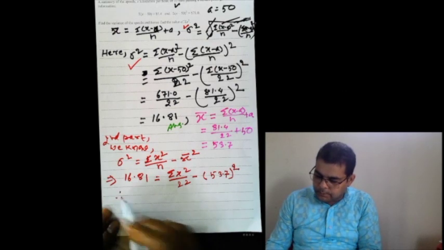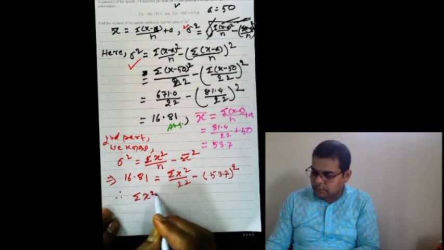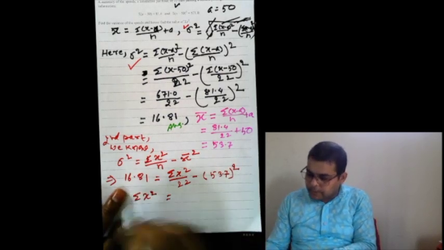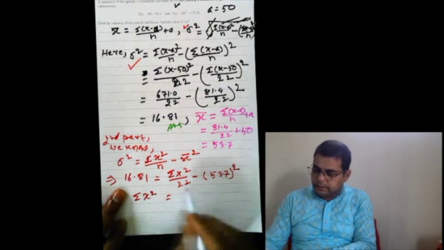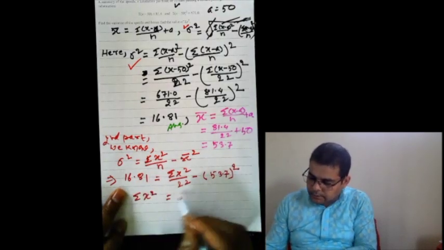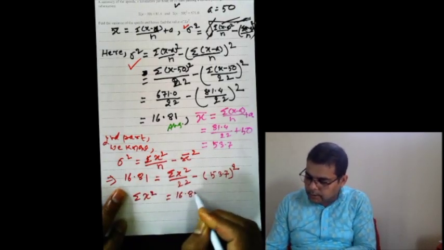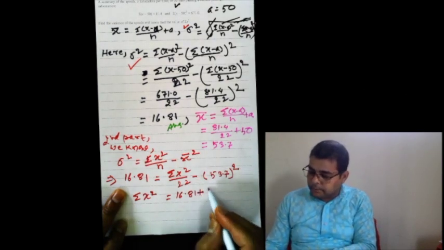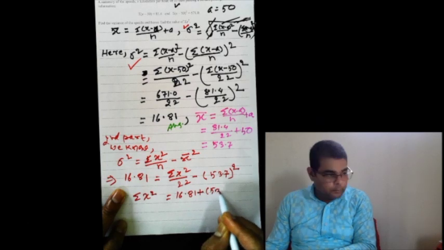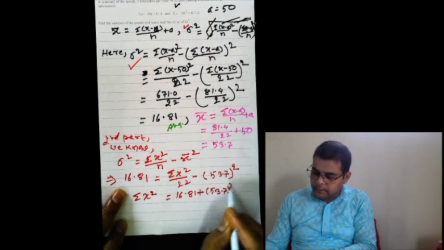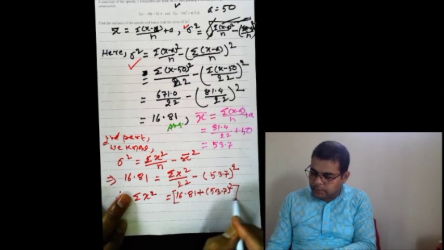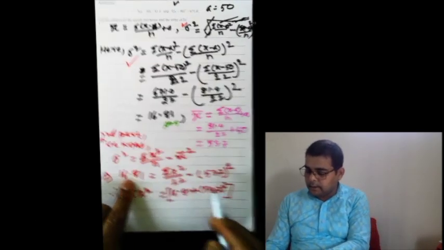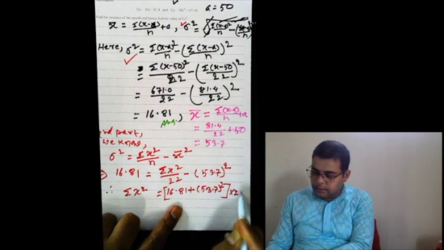Therefore, by using algebra, your summation of x squared is going to be equal to, if you transpose this to the left and copy it to the right side, 16.81, and this negative sign will become positive, plus 53.7 whole squared, and then this whole thing is going to be multiplied by 22, because if you transpose it from the left side to the right side, it's going to be 22.